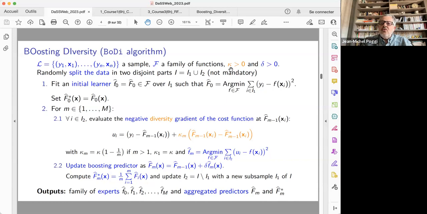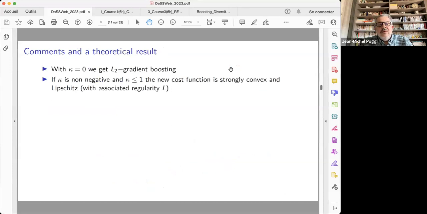You just have to inspect what is the role of kappa and what is the influence of kappa. So my talk will be focused on this in quite a descriptive way, just after mentioning a theoretical result.